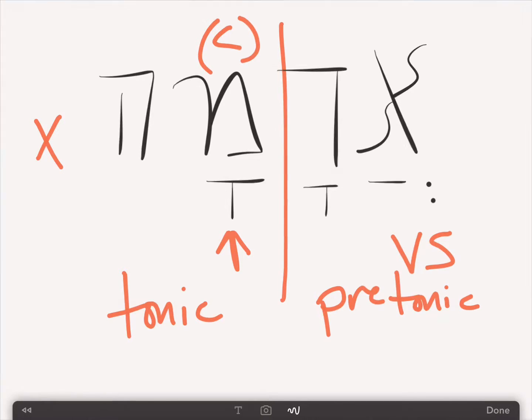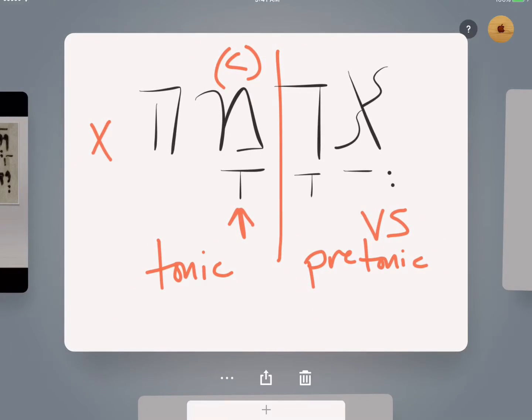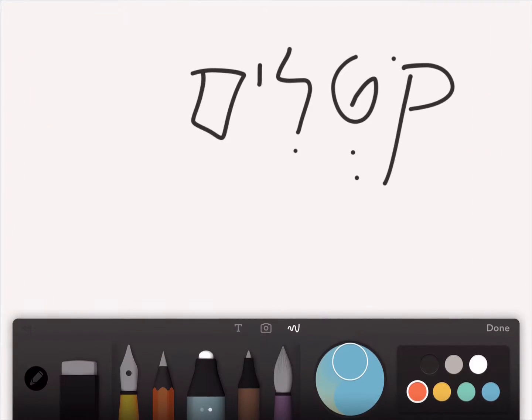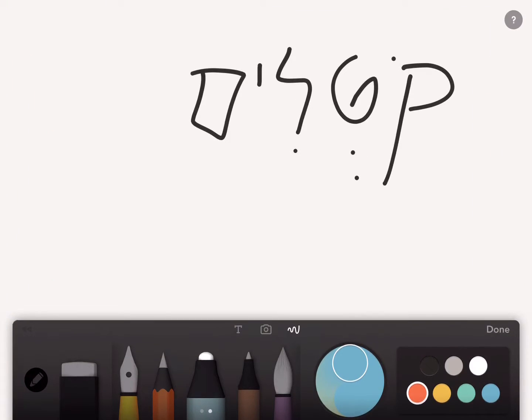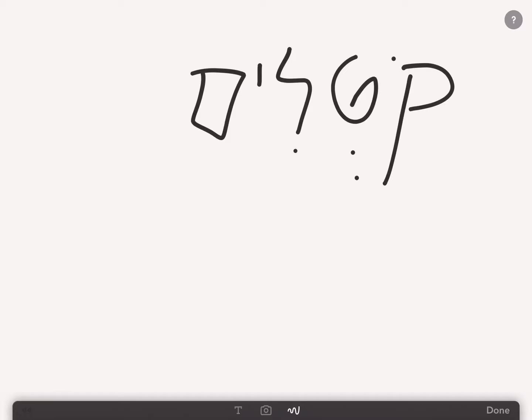Okay, let's move to the next one. And here we have, see, I'm going to try to help you think through this before I pronounce it, because then I'll give it away. We've got a schwa here underneath the tet. And if you remember the rules, when we have a single schwa in the middle of a word, we look to the preceding vowel.